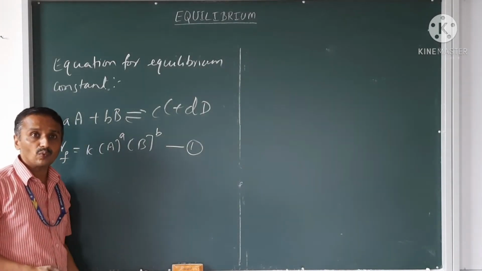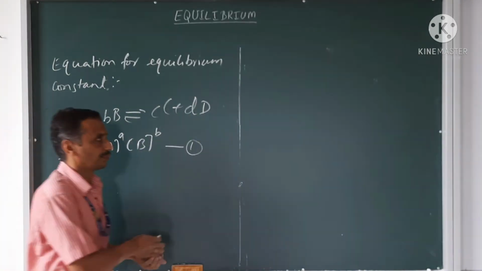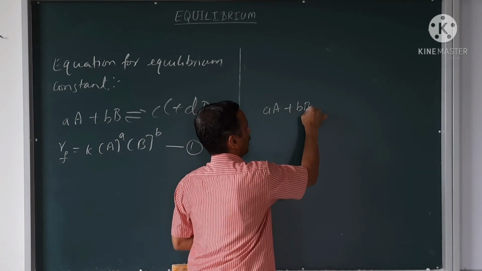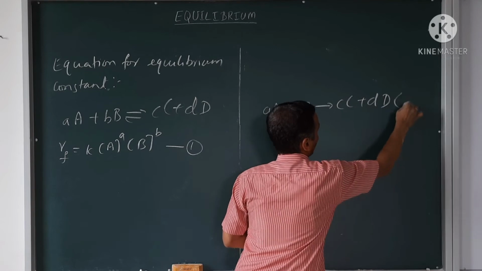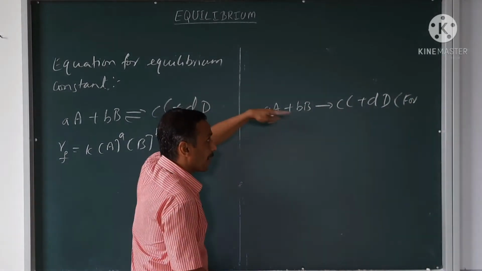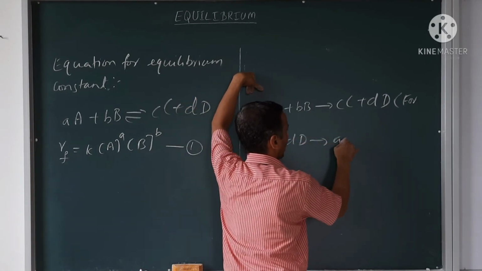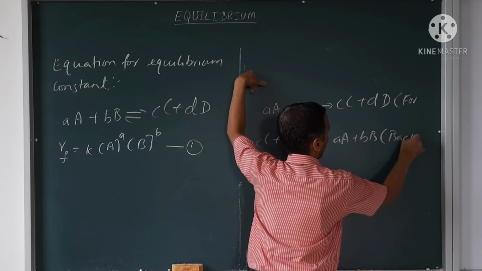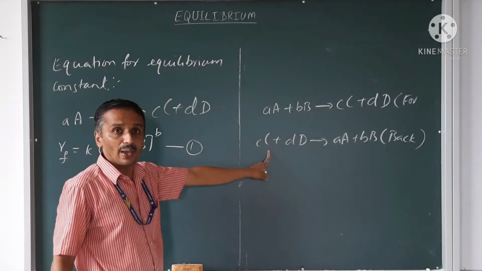Now in the backward reaction, C and D become the reactants. Yes or no? You see, A plus B giving C and D is the forward reaction. Now, the backward reaction is C plus D giving A plus B. So now apply the rate law for this.